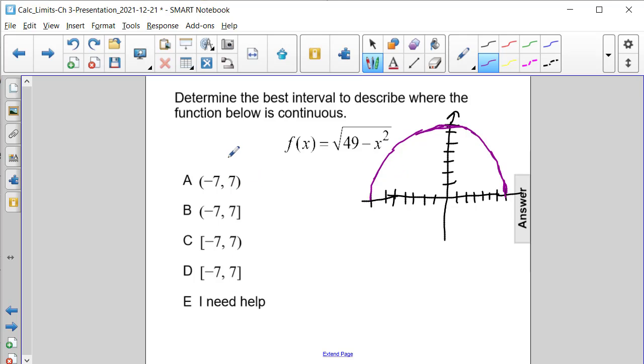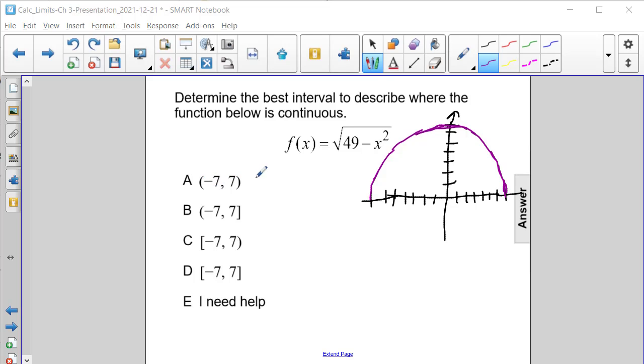So let's first start off with the open interval, and we'll work our way to see how narrow we can go. Well, we see throughout our function there are no asymptotes nor holes in the graph. Therefore, our function does exist for all a values, for example, within the interval from -7 to 7, not including the endpoints.